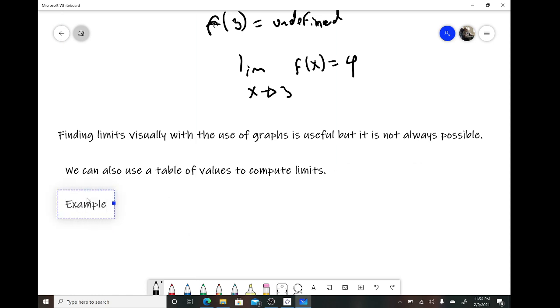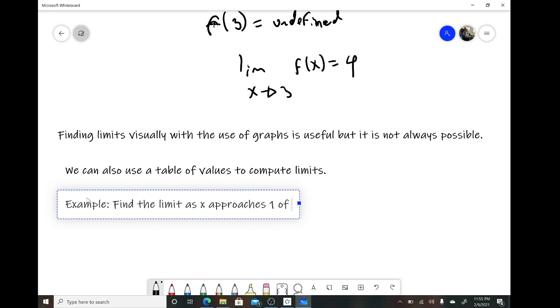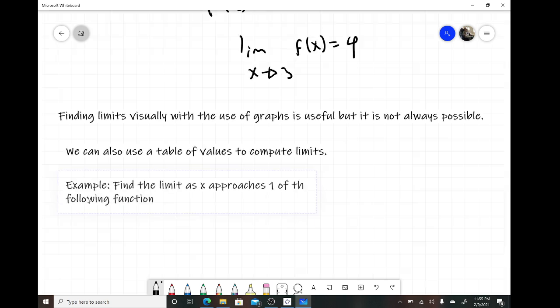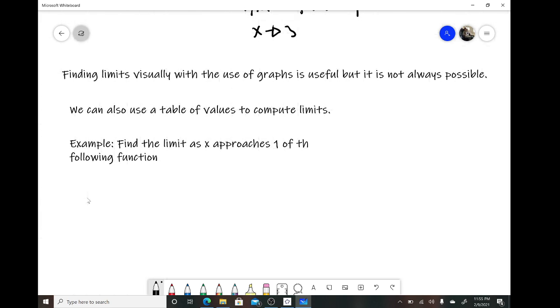Let's find the limit as x approaches 1 of the following function. So the function is f of x equals the square root of x minus 1 divided by x minus 1.